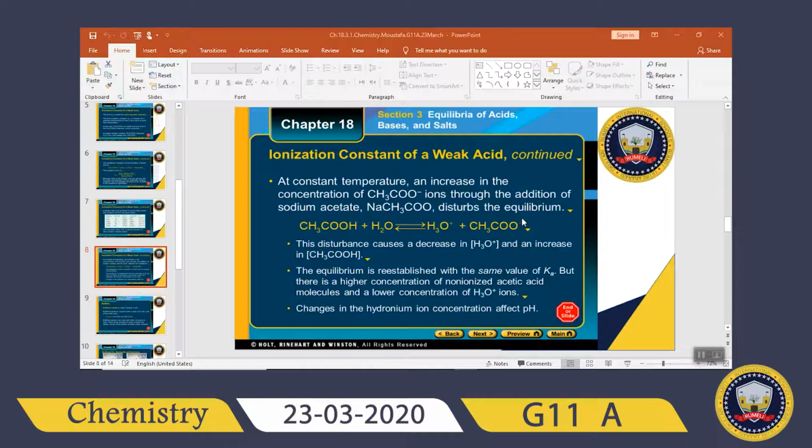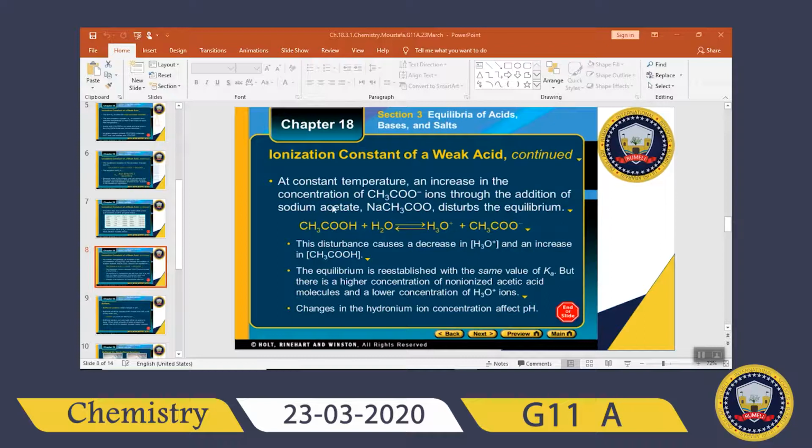Now you have a high concentration of acetate because you add sodium acetate to this side, and you have hydronium ion, so acetate will react with the hydronium ion to produce acetic acid, so the equilibrium shifts to the left. So does the concentration of hydronium ion increase or decrease? It will decrease due to consumption by acetate ion.